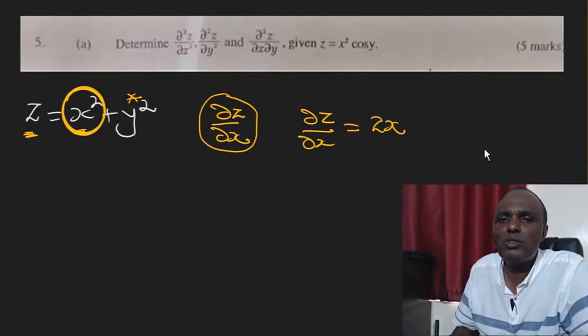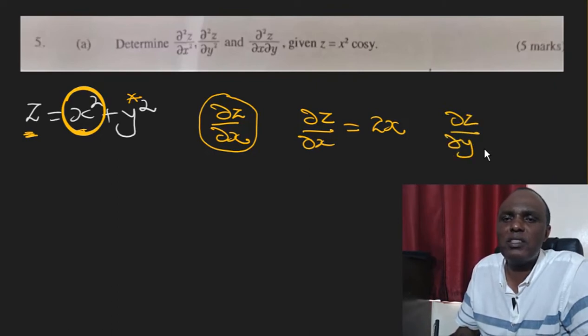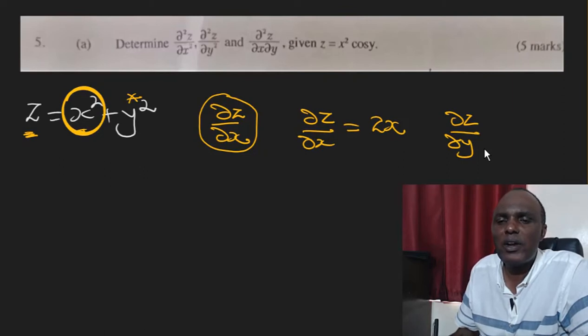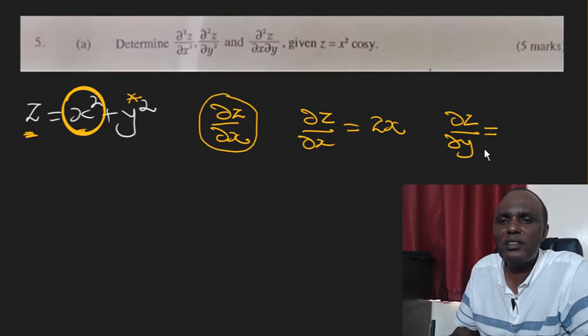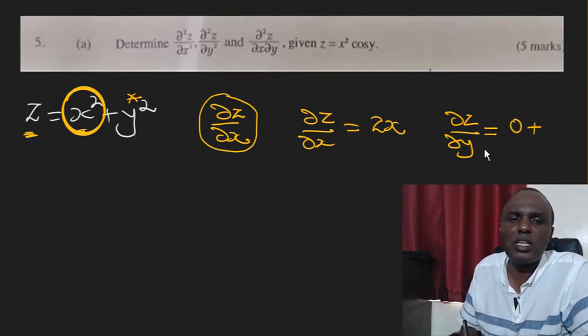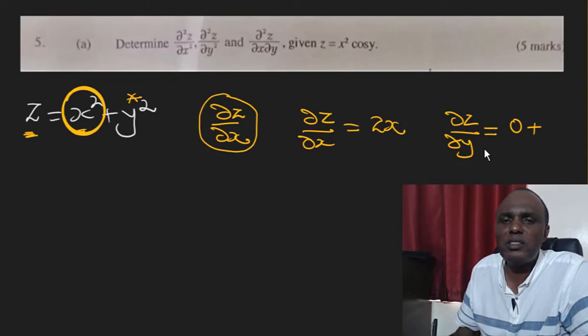When you want now to differentiate z with respect to y, you also write ∂z over ∂y, and in this case you are going to keep x constant. When you differentiate the constant x squared, you get 0, plus 2y.